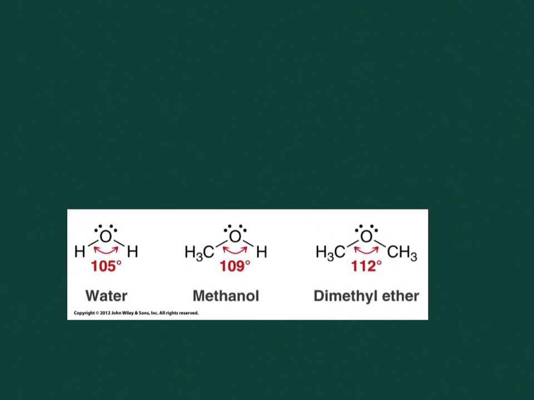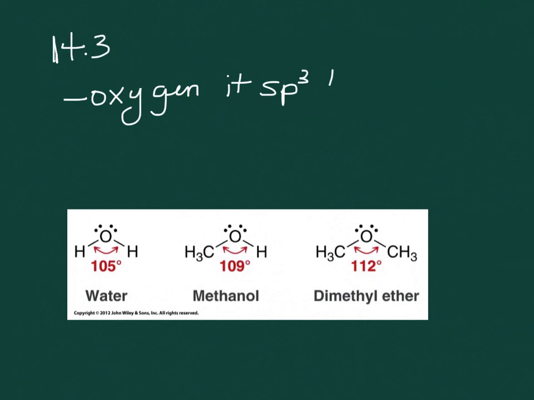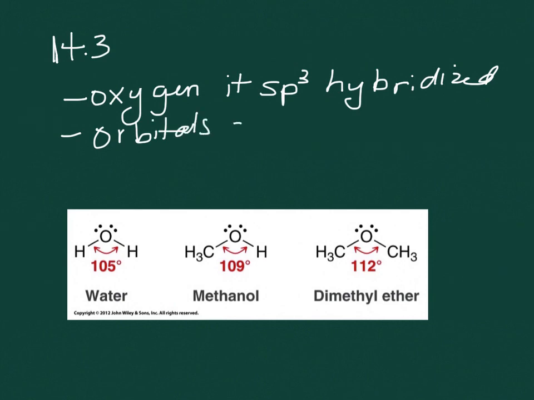Okay, now we come to section 14.3, where we're looking at the structure and properties of ether. If you look at the oxygen atom, it is sp3 hybridized. The orbitals are arranged in a nearly tetrahedral shape.